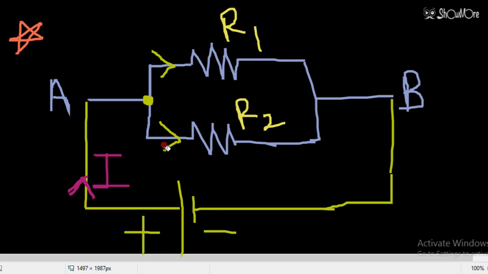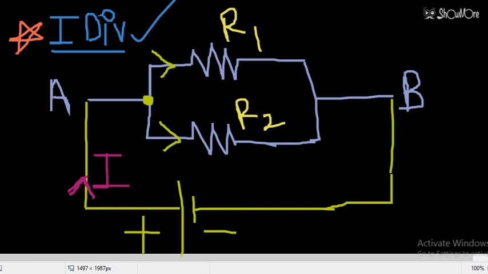This is the important point. Whenever the current is getting divided, then that combination is said to be parallel combination.